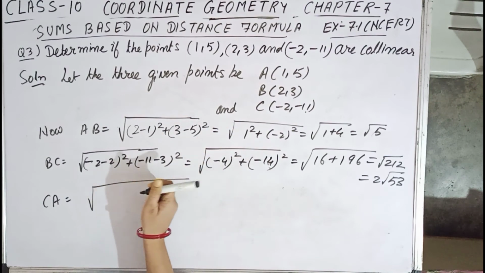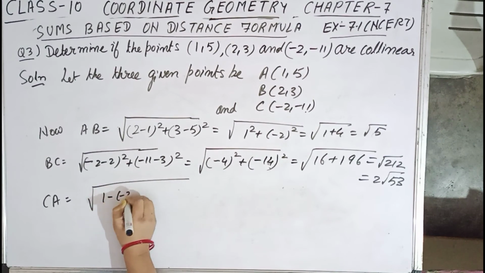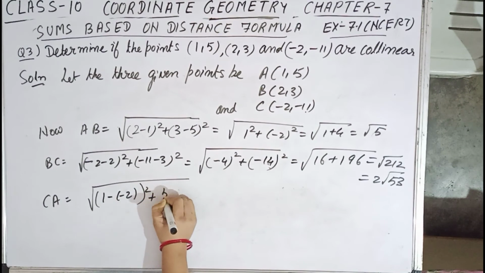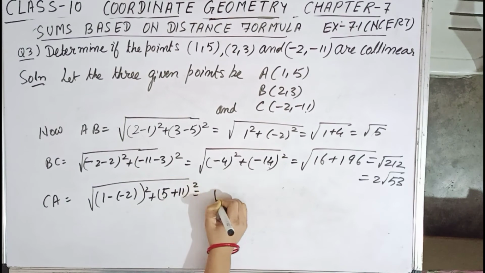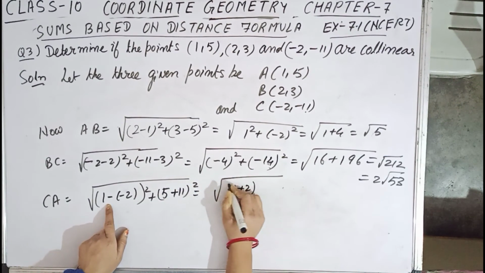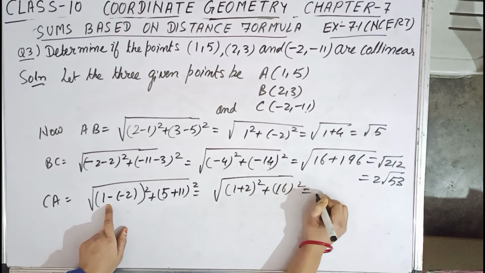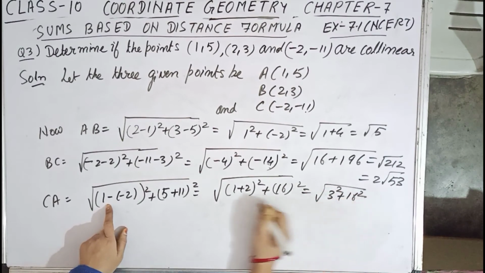CA equals to 1 minus of 2 whole square plus of 5 plus of 11 whole square. So this will be equals to 1 plus of 2 square plus of 16 square. So this equals to 3 square plus of 16 square.